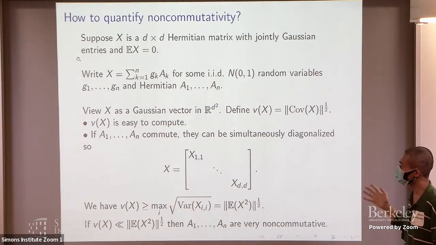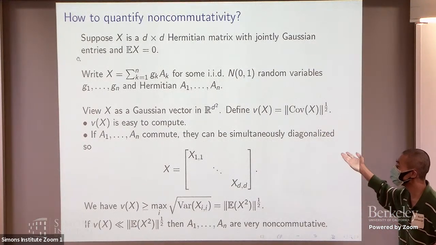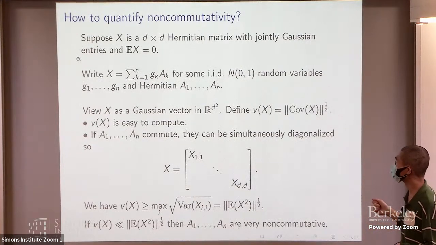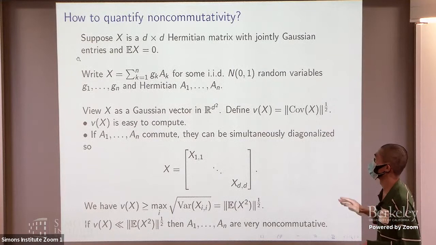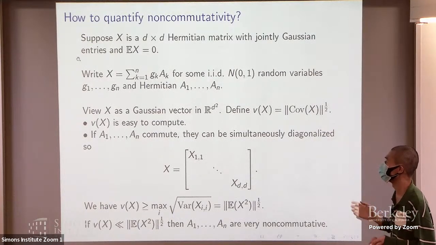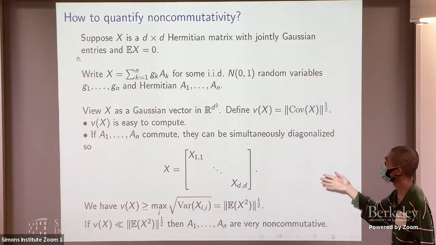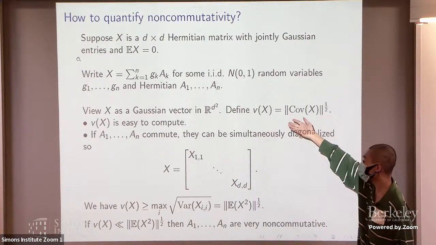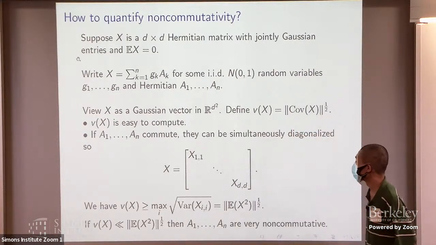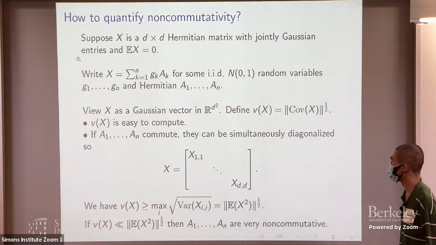In the case of commutativity, if everything commutes, then they can be simultaneously diagonalized. By simultaneously diagonalized, I mean that with respect to a single orthonormal basis, all of them become diagonal matrices. If all the A_k are diagonal with respect to a certain orthonormal basis, then X can be written this way as a diagonal matrix.